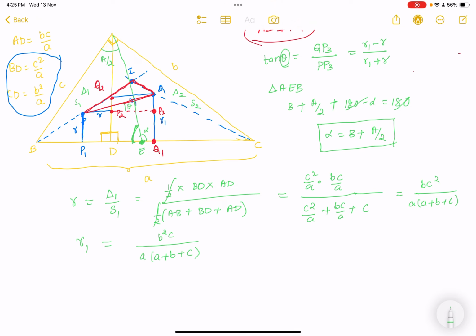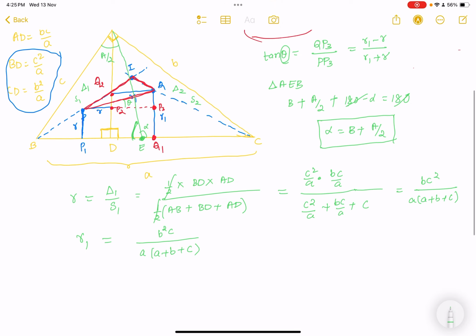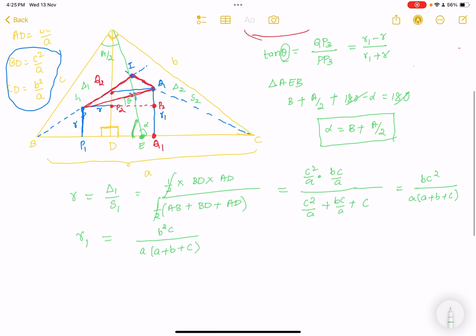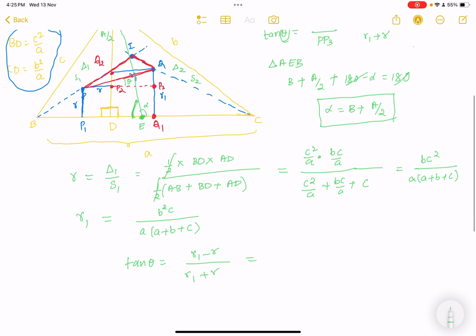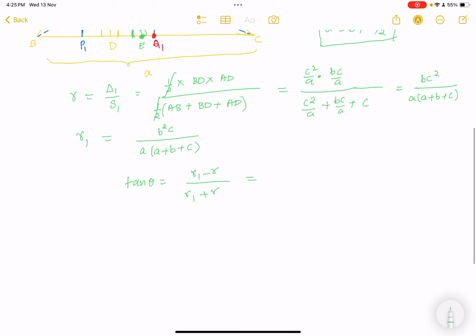Okay, now let us find out tan theta. Tan theta is equal to R1 minus R upon R1 plus R. So plug in the values of R1 and R in this equation. Then it will be B square C minus BC square upon B square C plus BC square.